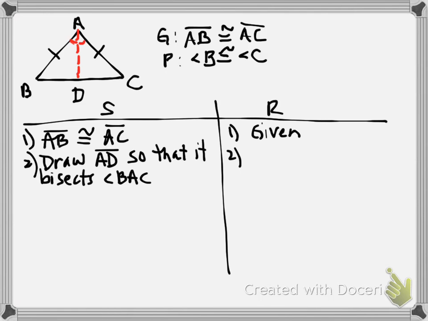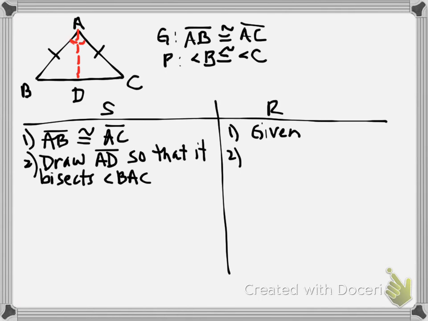Now, do we have a theorem that talks about bisecting an angle? Drawing a line so that it bisects an angle. Okay, Mikey? Angle bisector theorem. And that angle bisector theorem says that angle BAD would be half of angle BAC, and that I haven't written anything. So here's the deal.